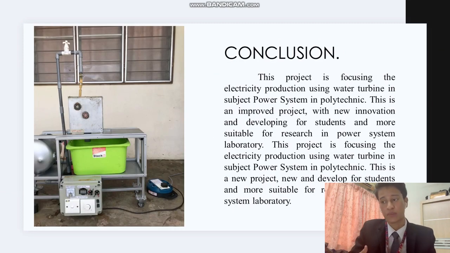In conclusion, this project focuses on electricity production using a water turbine in the subject of power systems in Polytechnic.